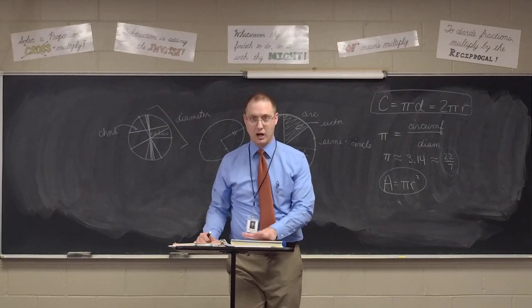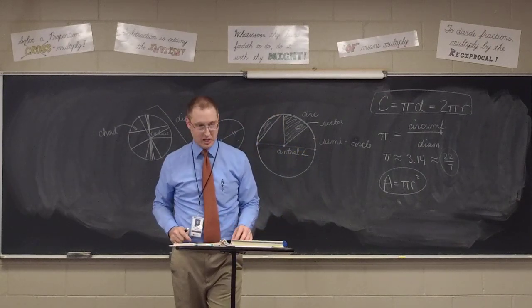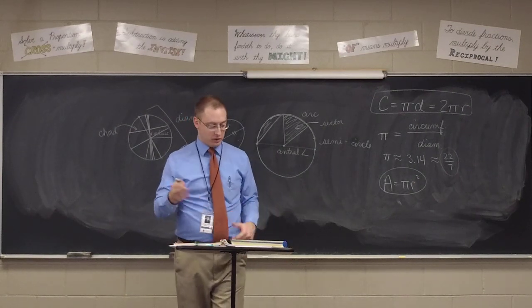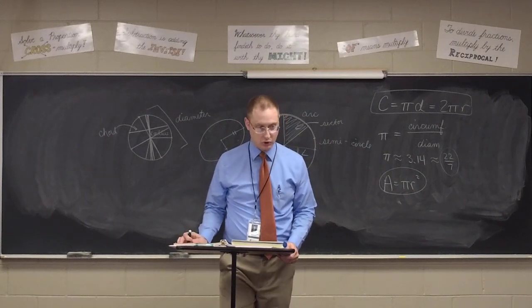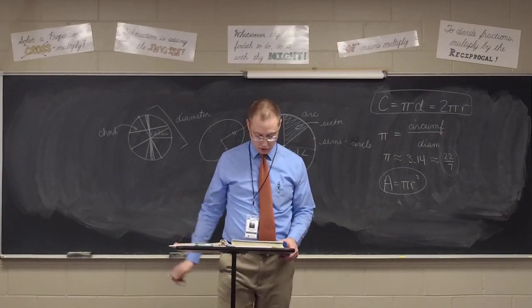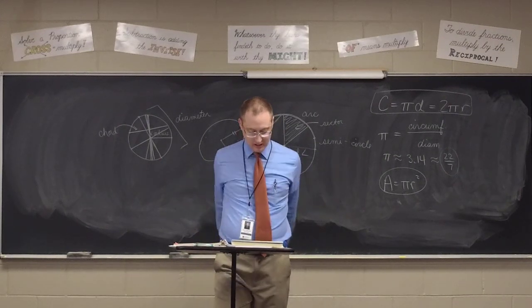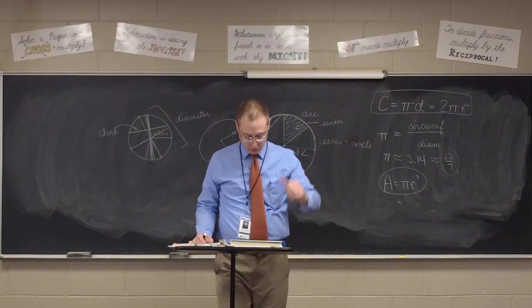Do we see how to use the area formulas? Questions on area or circumference? Any questions on those? All right. Let's go quickly over some things. What is the vertex of any central angle? The center of the circle. What's a chord that passes through the center? Diameter. Line from the center to any point on the circle?